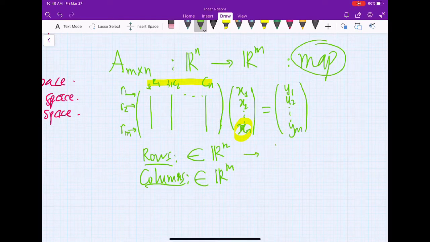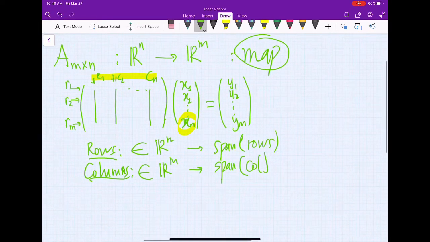So you have the linear span of all rows and the span of columns. Make sense? All possible linear combinations of rows and columns will form subspaces in their spaces. So we have one subspace here and another subspace here.